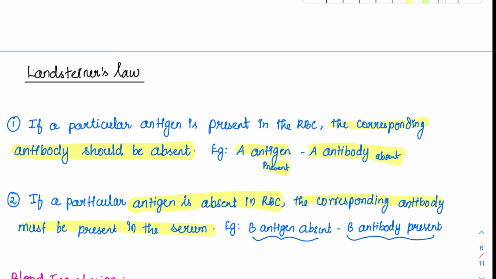But for the RH system, we said that if the antigen is not present, the antibody will also not be present. So the second rule in Landsteiner's law has an exception. What is the exception? The RH system, or the positive D antigen system, does not follow this rule.